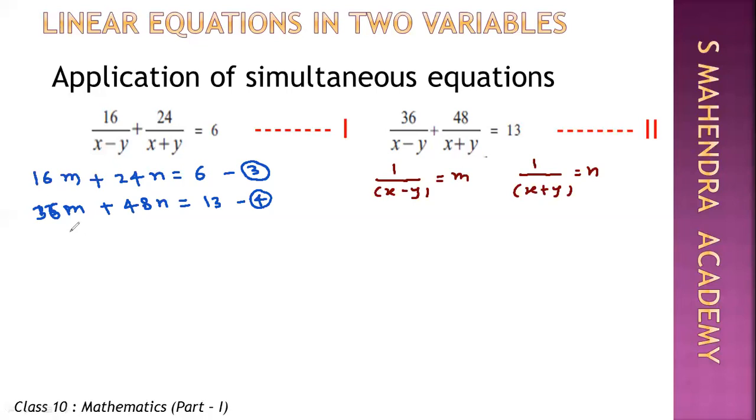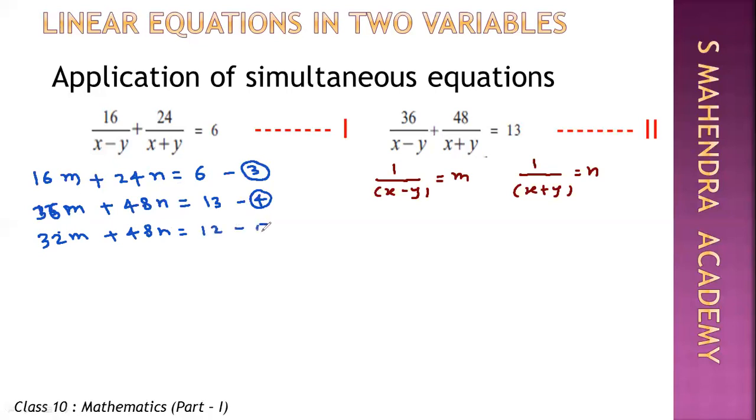So for eliminating one of the variables, we have to multiply the equations by suitable coefficients. So here we will multiply equation number 3 by 2. So it will be 32m plus 48n is equal to 12.